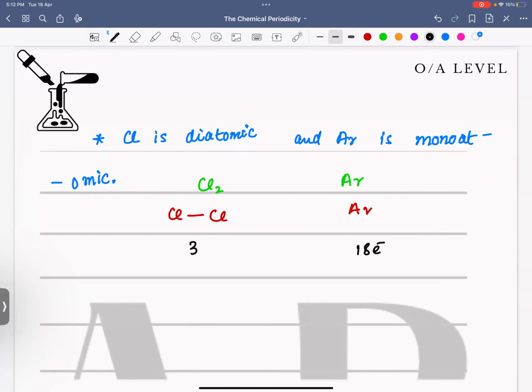So 34 electrons over here. Yes. Is this clear to everyone?